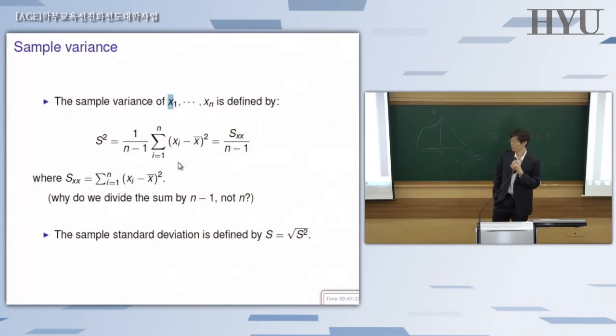How come the units are the same? What's the unit of this s squared? Let's do that first. Say this is the distance of commuting. You guys commute between home and school every day. If you commute 5 miles, that's 5 for you. And if that number is 20 miles for the second guy, the second entry is 20. If the x's are those distances measured in miles, what's the unit of s squared?